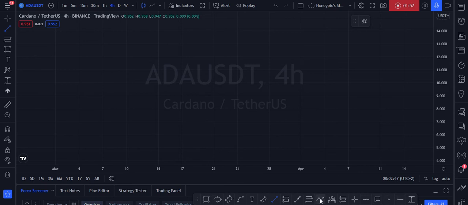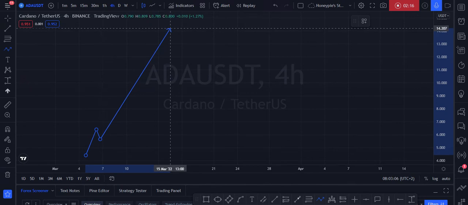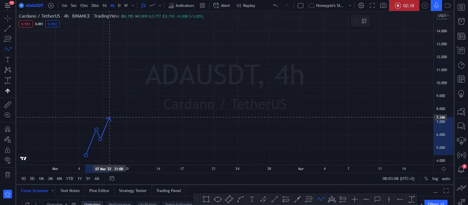I'm going to be using my part two. You're going to find out that the market moved a certain point, and don't forget, market moves in waves. It won't just go all the way up. You get me now? Market moves in waves.